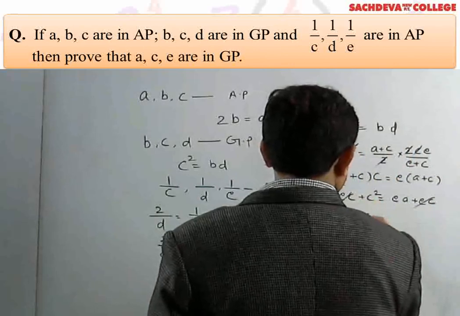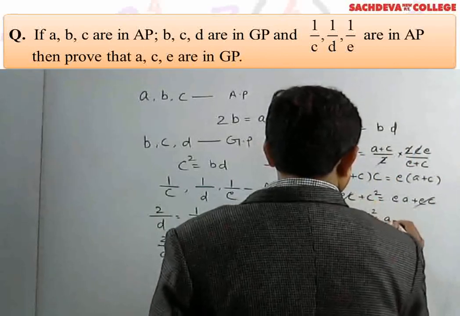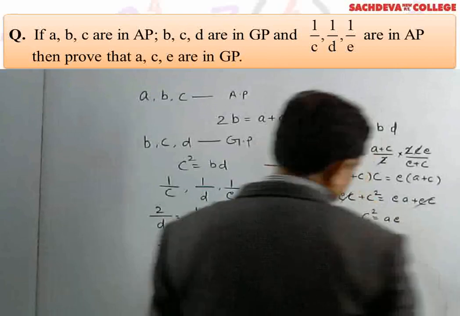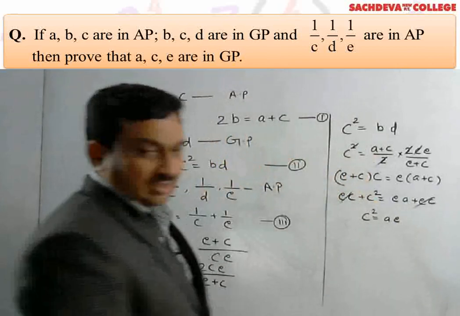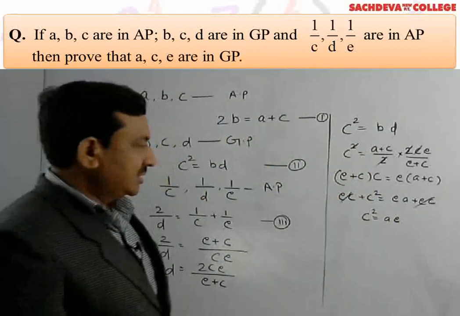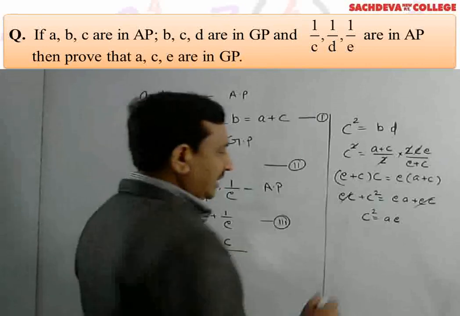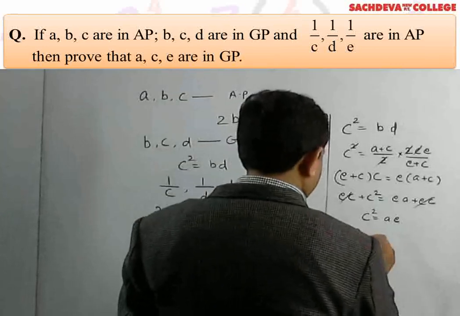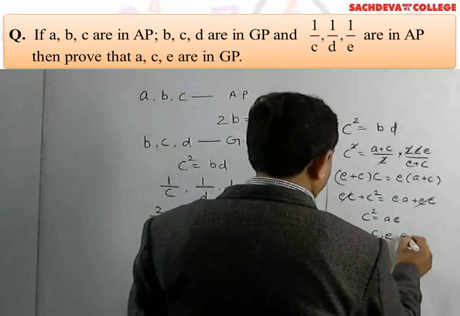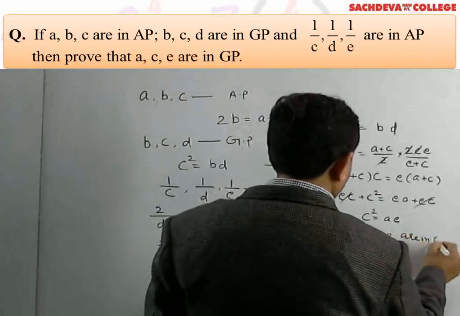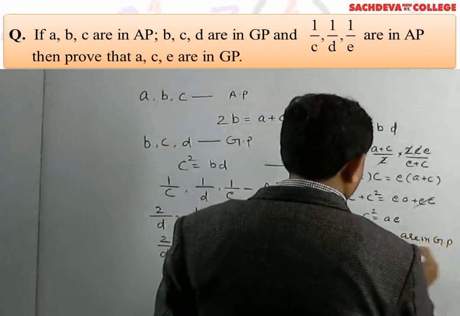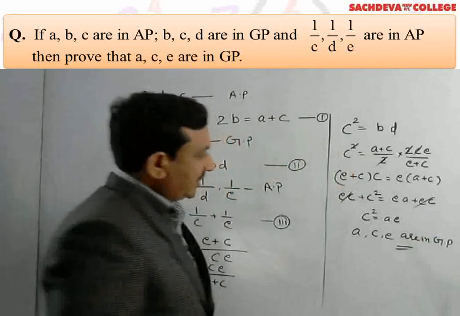It means C squared is equal to AE. Because C squared is equal to AE, A, C, E are in GP.